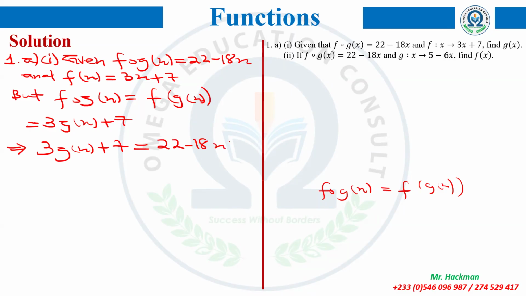Is that clear? But you remember initially I substituted f of g of x, which is given, and I wrote it below, and I also wrote its meaning below. It's the same as this, so I don't know which one you can relate to better. If it is this one, then going forward I will use this. Otherwise, I will use the other one.